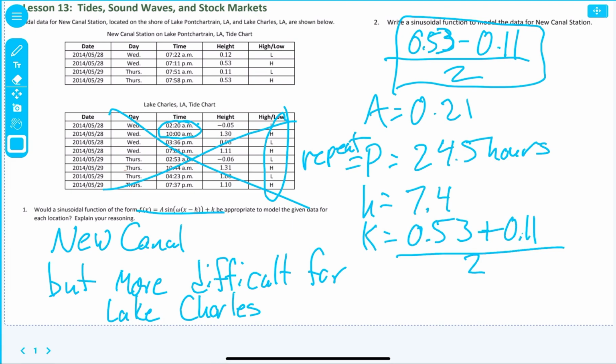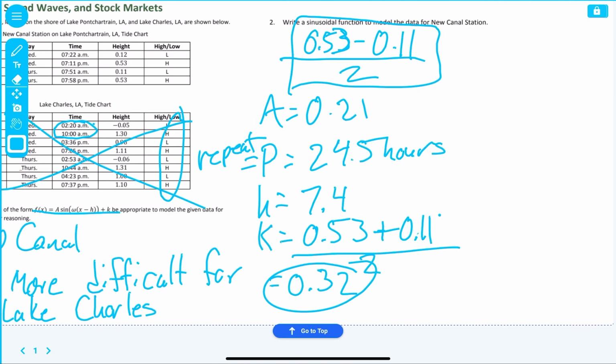So what is that? 0.53 plus 0.11 divided by 2. Your midline should be shifted up to 0.32. Okay?